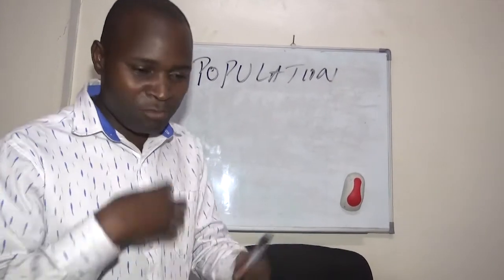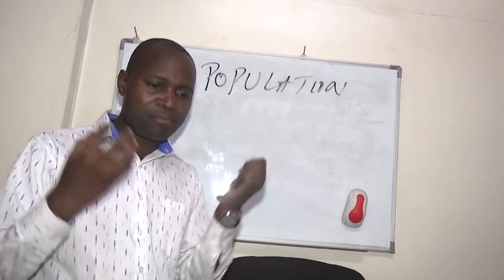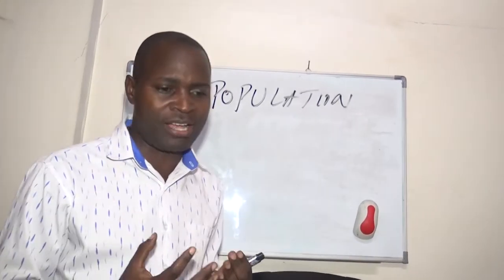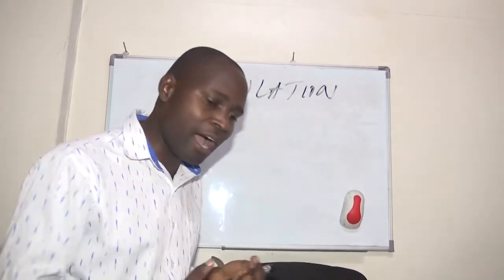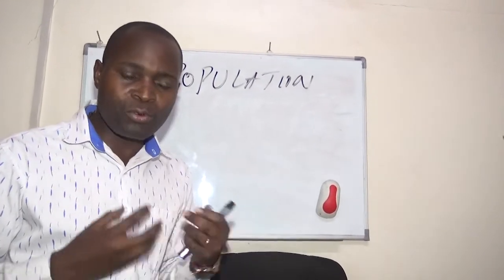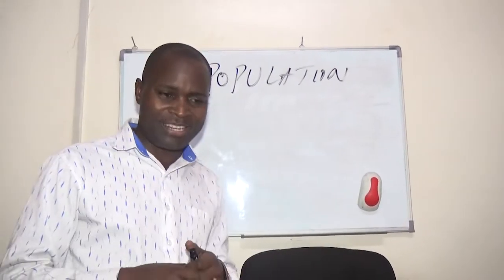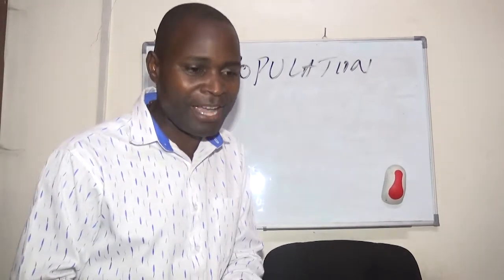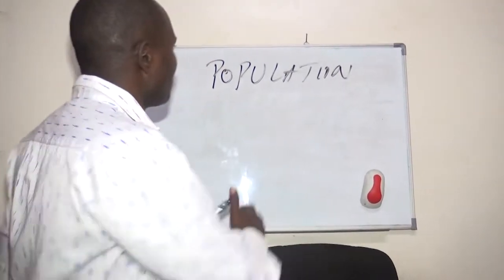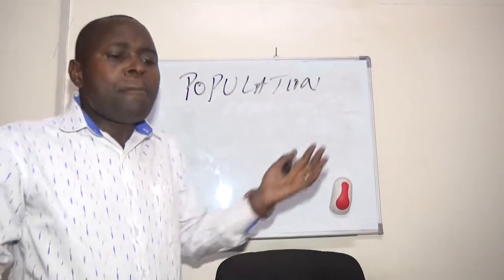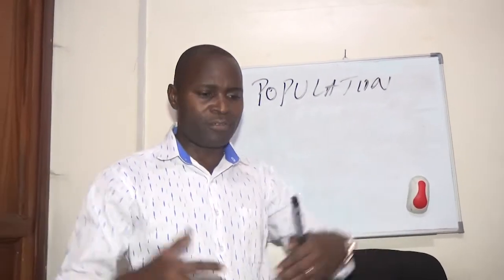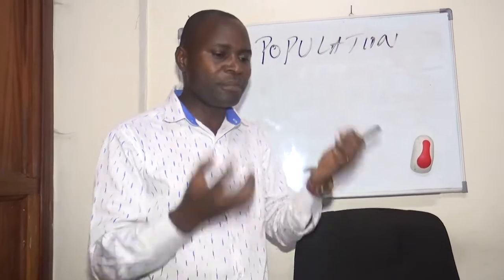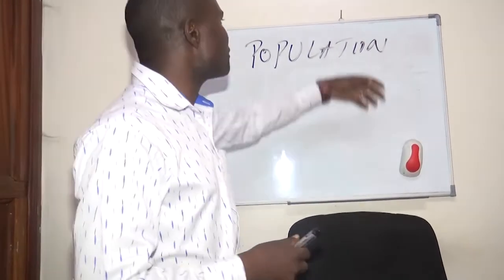One of the most important parts when we are writing our research, we always talk about population in research methodology. So what you are seeing there is the population. The people that are involved in this research, who are going to benefit from the study conducted, is what we call the population.